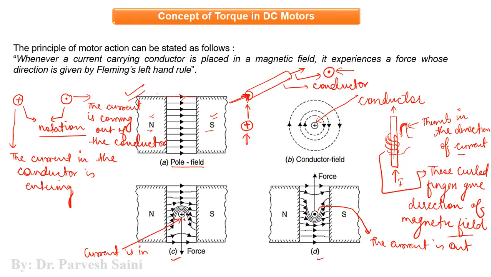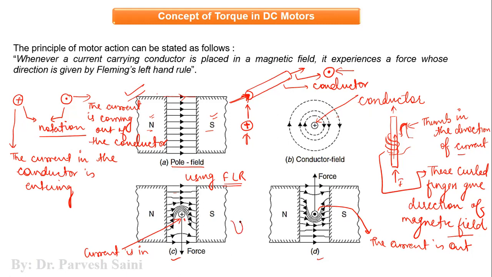Now as you can see here, apply Fleming's left hand rule. So using Fleming's left hand rule, if we put the forefinger in the direction of the current, and the middle finger in the direction of the magnetic field, the thumb will give us the direction of force.